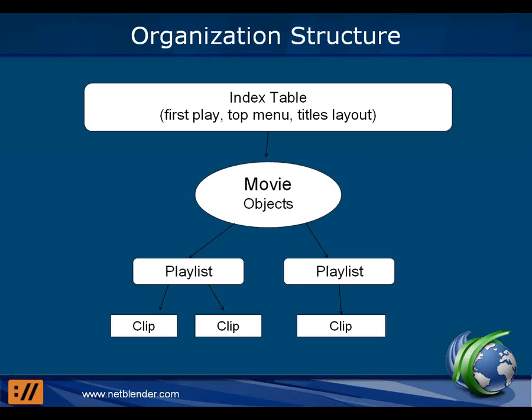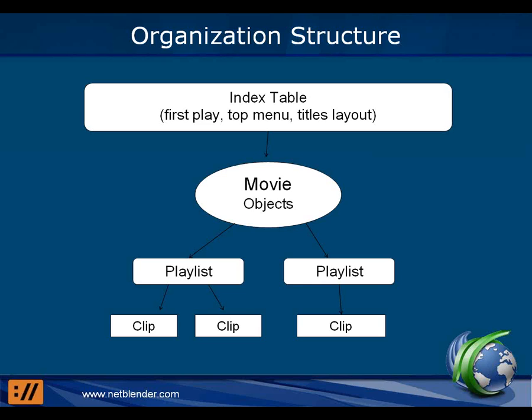The next level in the hierarchy are the movie objects. The movie objects contain important terminal information, essentially a bunch of bit flags for features such as resume and title call. And then most importantly, they contain the command sequences that determine the playback and branching of your disk itself.